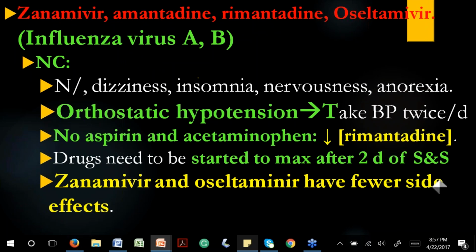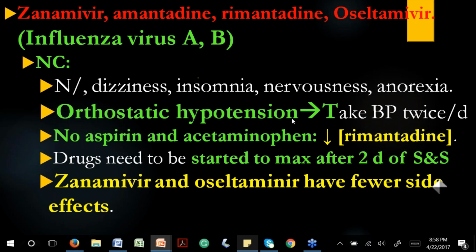So let's talk about the influenza virus. Especially oseltamivir is the one that is going to be given for these patients. We have side effects: orthostatic hypotension. So what is your nursing consideration here?